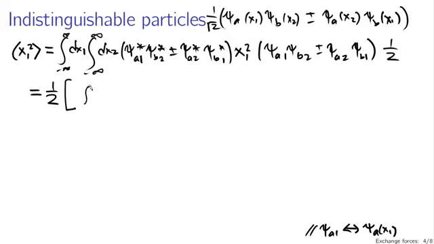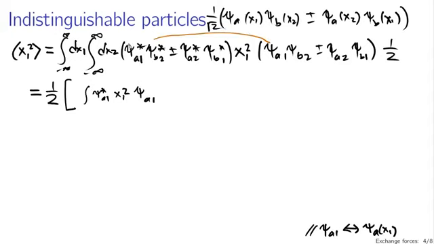The first term is an integral from minus infinity to infinity, which I'm not going to write, of psi A1 star, and then, since I'm calculating the expected value of x1 here, x1 squared, and then psi A1 again. So the first integral in the first term comes from multiplying these 2 terms together.